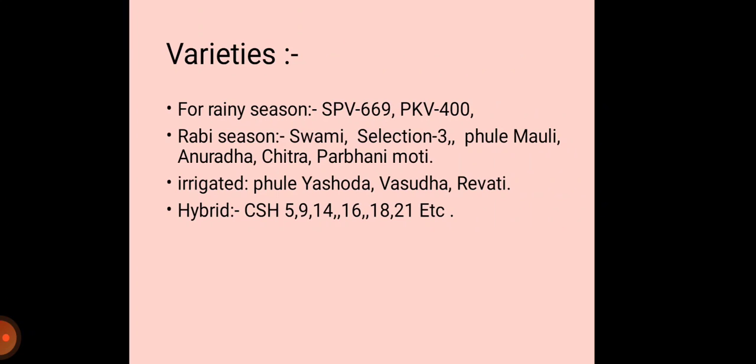Irrigated: Phule Yashoda, Vasudha, Phule Revati. These are some important irrigated varieties. Then hybrids: CSH 5, 9, 14, 16, 18 and CSH 21. These are some of the hybrid cultivars of the sorghum crop.